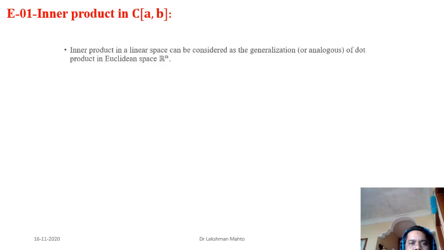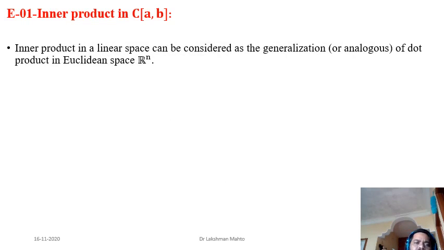I've taken a few examples. The simplest example is C[a,b], the collection of all continuous functions defined on the closed and bounded interval [a,b] to R. Remember, C refers to continuous.